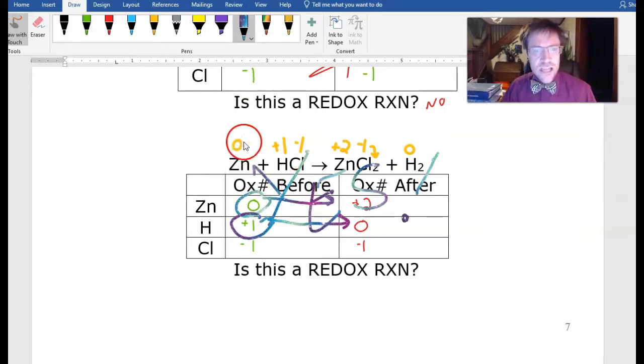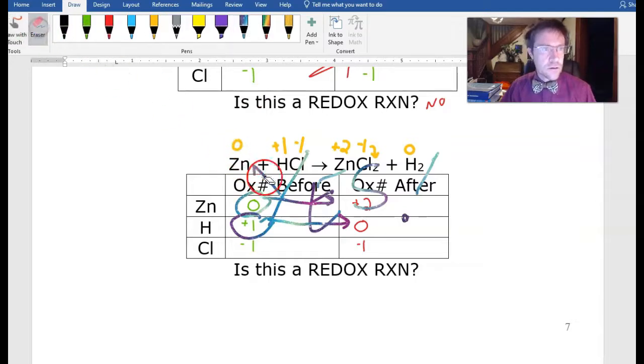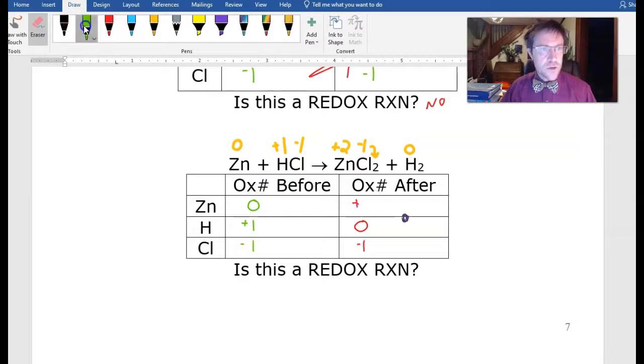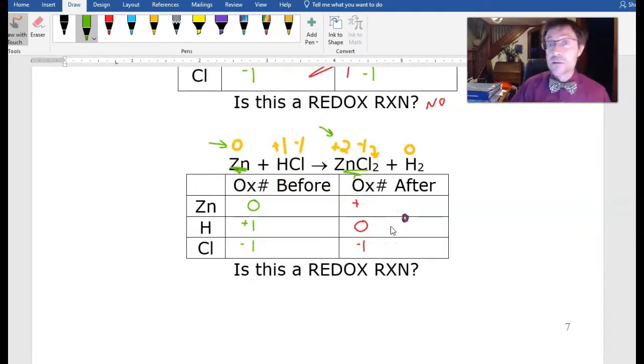So look, you see how this zinc is a 0? See how it's in pure elemental form? And on this side it's in a compound. Look, element, compound. Guaranteed. Every single time. If you see an element on one side and a compound on the other, guaranteed redox reaction.